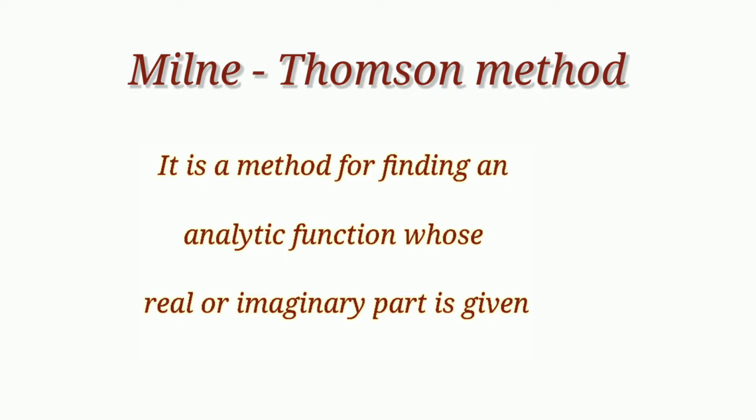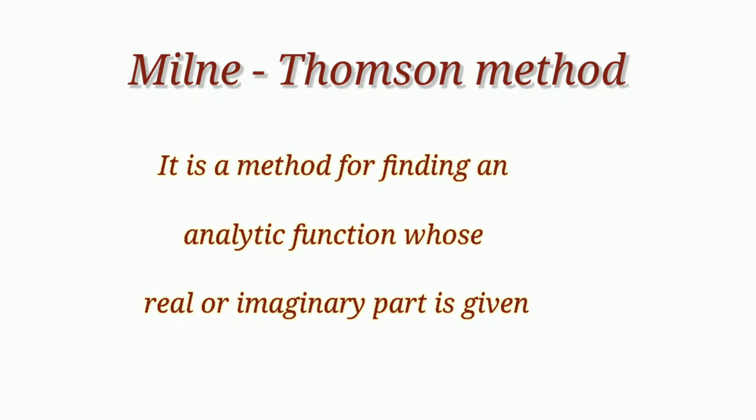And it is named after the English mathematician Louis Melville Milne-Thomson. As I mentioned, it is a method for finding analytic function directly from its real part or its imaginary part.